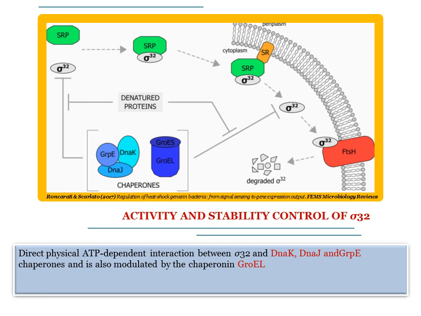Once it is localized in the membrane, it is also bound by FtsH, which is a protease, and this protease helps in degradation of sigma 32. Now there are two aspects to it.